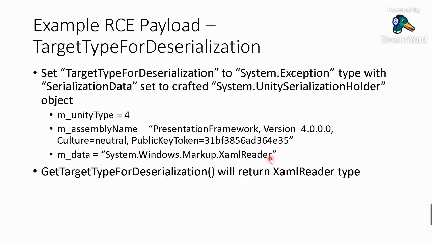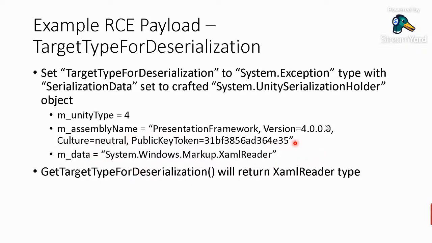If you look at the payload that's been published in the blog, you'll see that it's setting a target type for deserialization that has a type of exception. The reason it's a type of exception is because the converter there is using our vulnerable serialization type converter. So the serialization data there is set to our type that actually deserializes into a type. And the type that will be deserialized is a type of XAML reader.